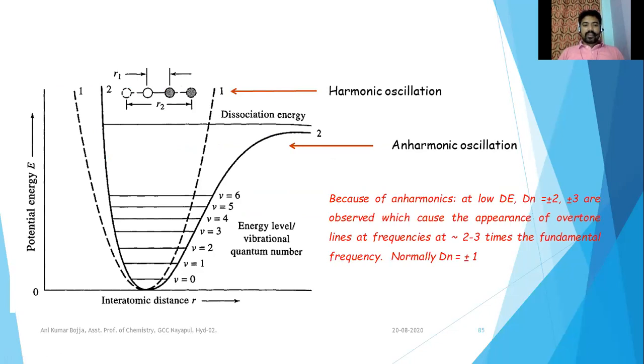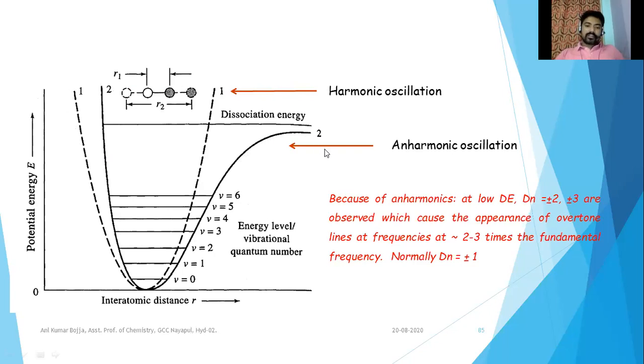See here, previously also we have discussed this diagram. In this diagram, the dotted line indicates the harmonic oscillation, whereas the simple normal line graph indicates the molecule which is performing vibrations very similar to an anharmonic oscillator.